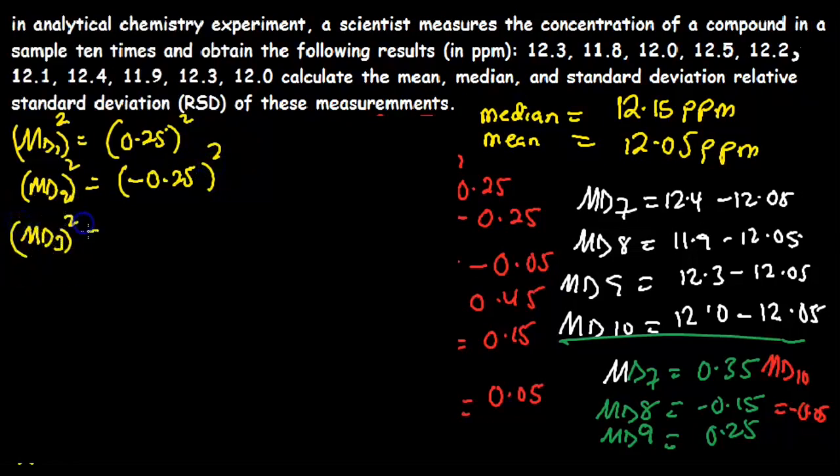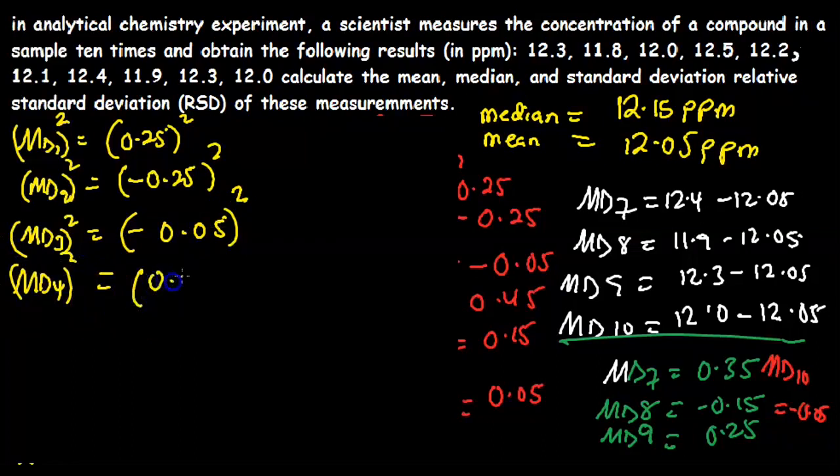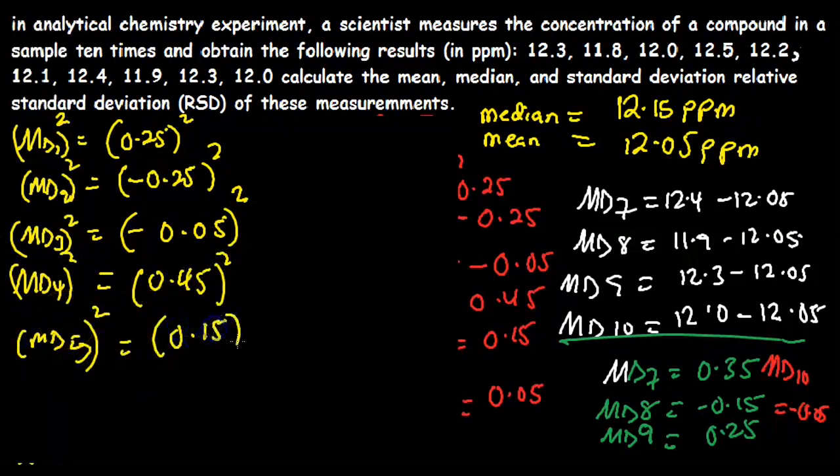The third is negative 0.05 squared. The fourth observation is 0.45 squared. The fifth observation is 0.15 squared. The sixth is 0.05, also squared.